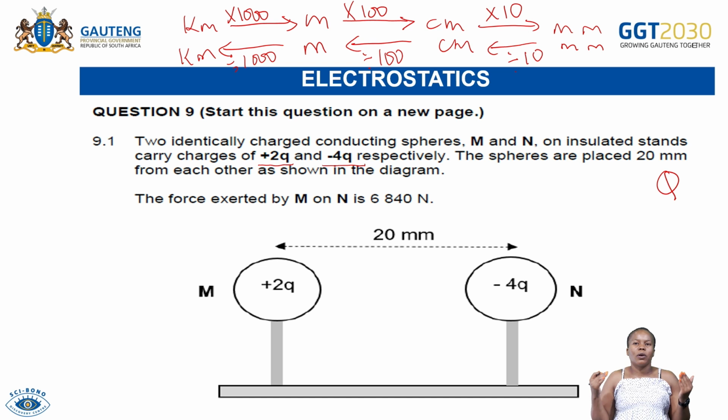Now, because you're moving from a millimeter, which is over here, and you want to get to a meter, you need to count how many zeros you skipped. First things first, before you count the zeros, you look at which direction you're moving. Are you going to do a multiplication or a division? In this case, because you're going in that direction, you're doing a division.